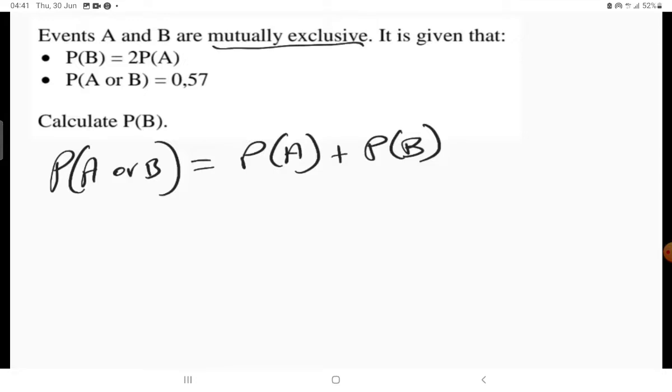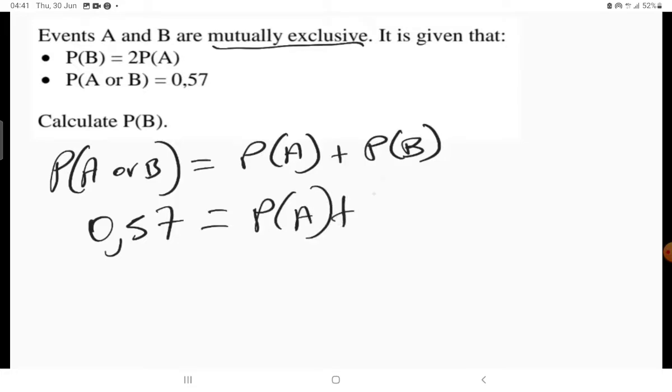Now, probability of A or B is given by 0.57, so we put 0.57 in place of it. Then probability of A, unfortunately, we don't have so far. Then probability of B is given by 2 times probability of A. Now this is what we have.